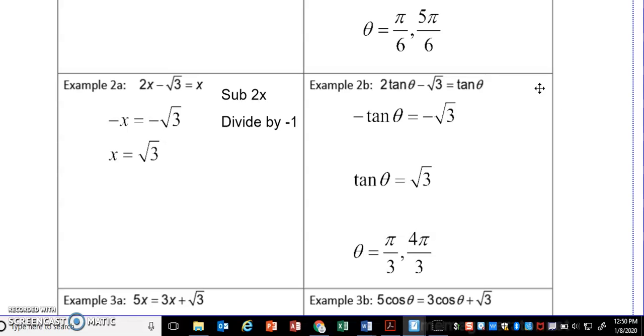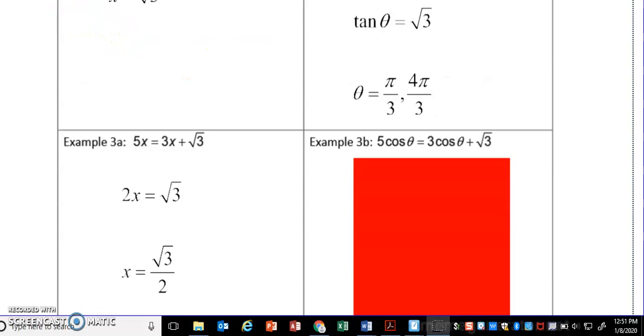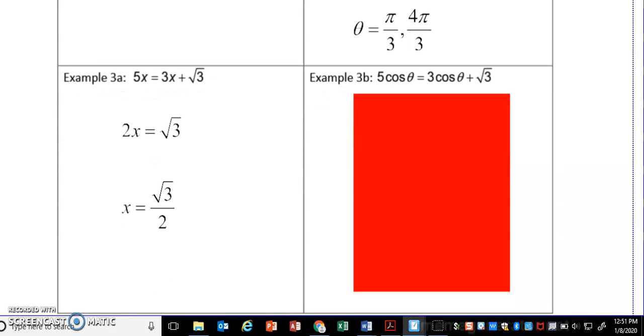So take a moment, pause the video, and see if you can do example 3a and 3b on your own. So for 3a, you should have gotten x to be the square root of 3 over 2. So again, replacing x with the cosine of theta, and then looking at what angles of theta gives us a ratio of the square root of 3 over 2.